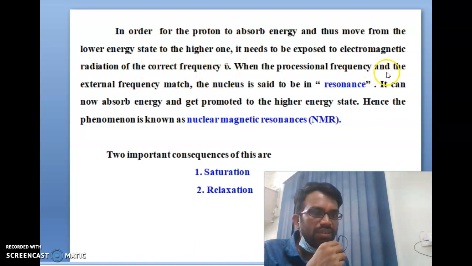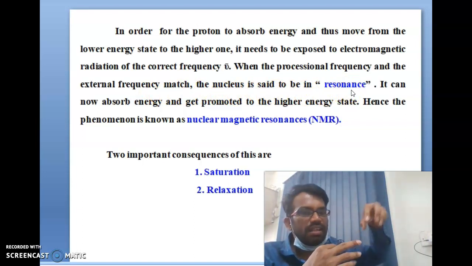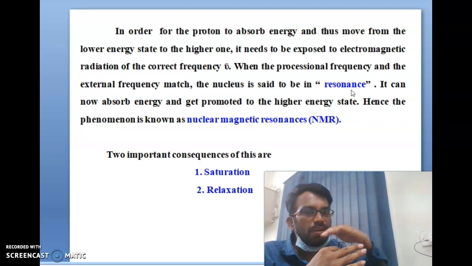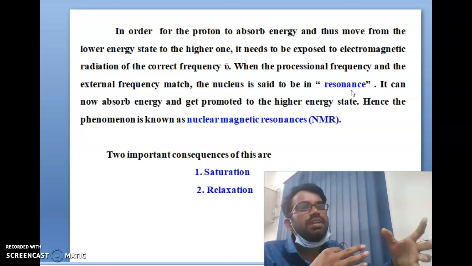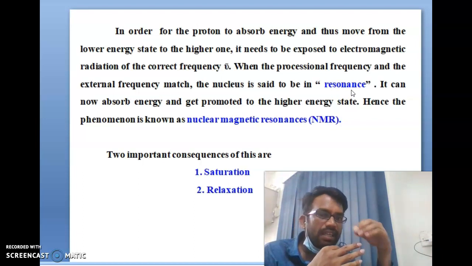When the precessional frequency and the external frequency match, the nucleus is said to be in resonance. It can now absorb the energy and get promoted to the higher energy state. Hence, this phenomenon is called NMR spectroscopy.